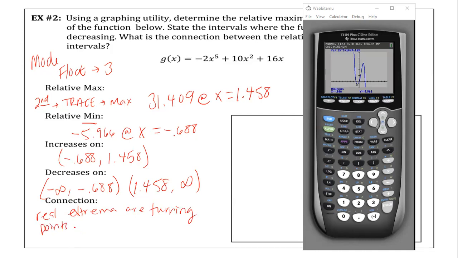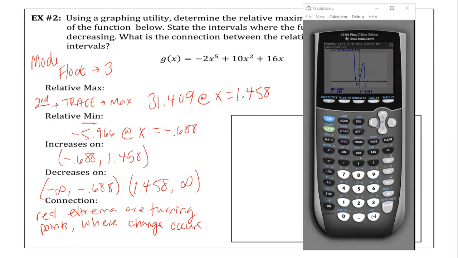And a turning point is where change occurs. So that's the conclusion, is that if there's a max and min, that means there's a change in the direction of my graph. Does that make sense? All right, so you guys are going to do example 3 at your tables.